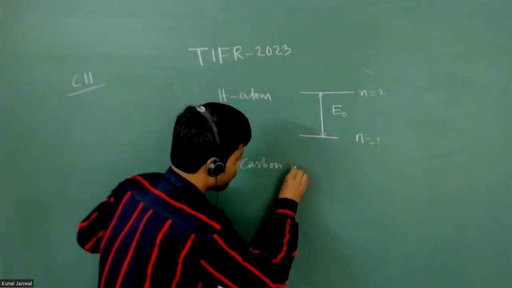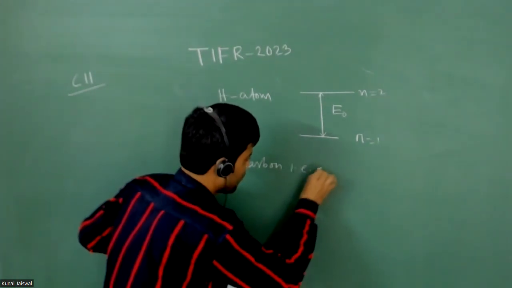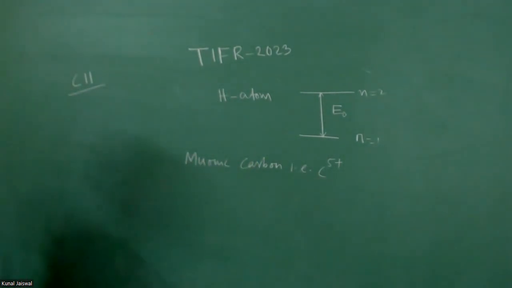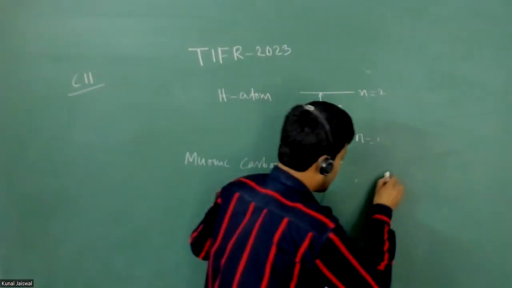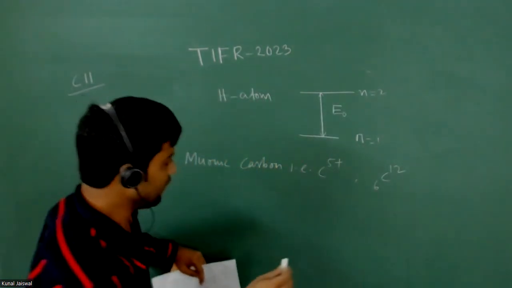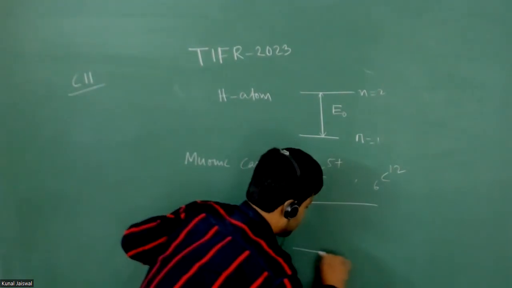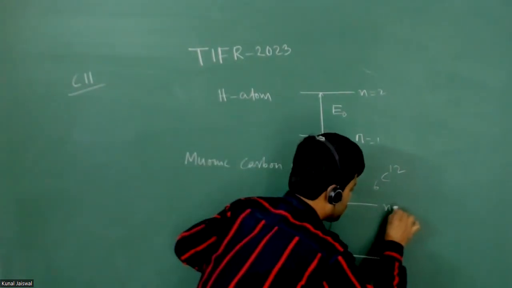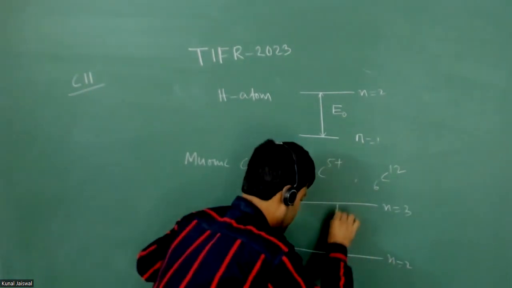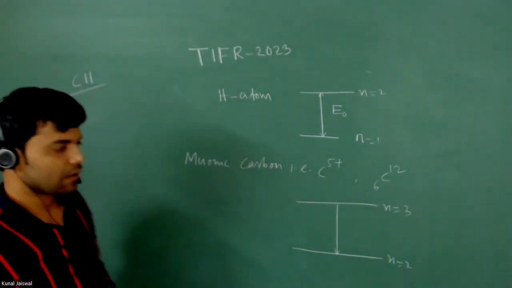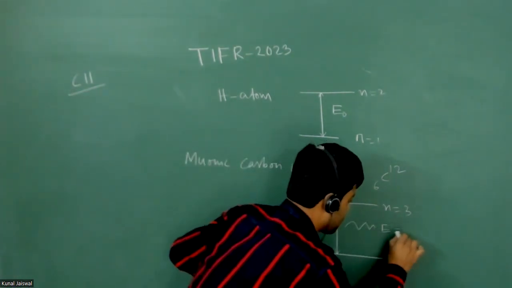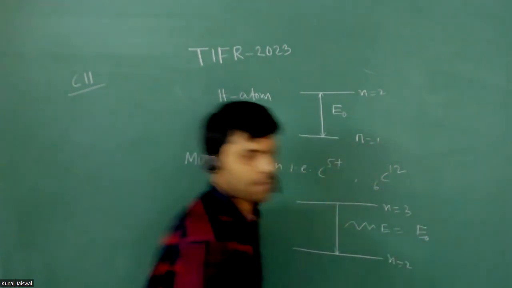That is C5 plus. You have a muonic carbon. In fact, that carbon nucleus is mentioned as carbon-12. When there is a transition from n equals 3 to n equals 2 of the muon particle in muonic carbon, you have to calculate the energy carried out by the photon in terms of E naught.